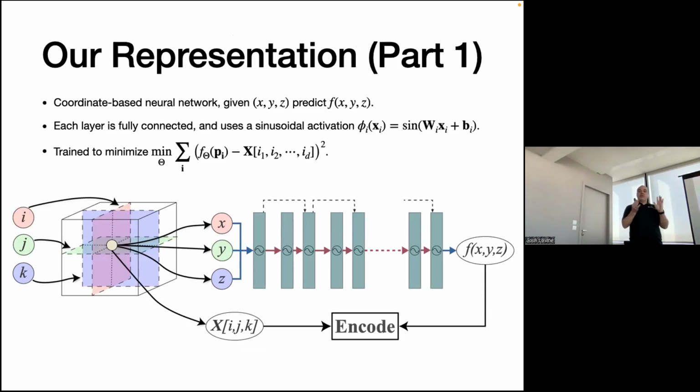But even the basic network without the residual connections works well. And what we do is we train it to basically optimize the difference between what our function predicts for a given point and what the grid had at the input data going through. So that builds this coordinate-based representation, and we can use this to basically capture the volume data set. This becomes an oracle, essentially, that given XYZ spits out f of XYZ.